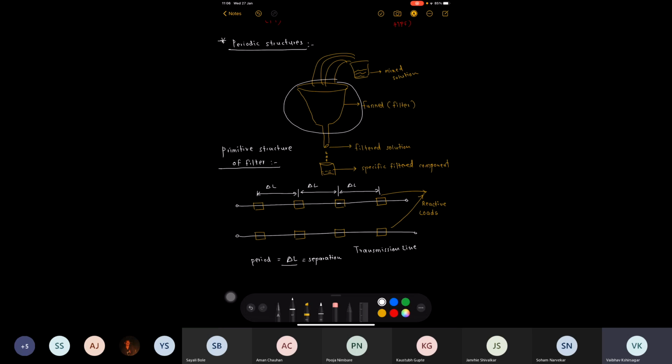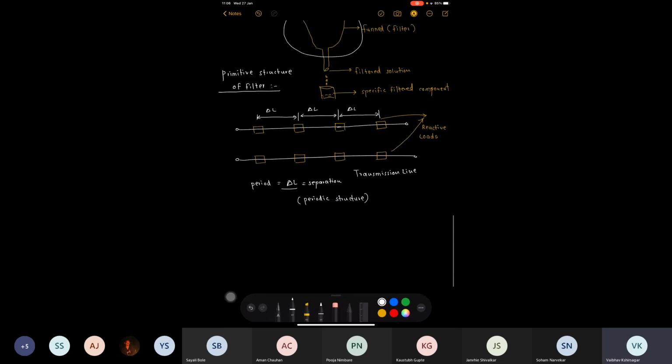Okay, remember that this particular structure we call a periodic structure. So in general we call this structure a periodic structure. Remember that when you analyze this periodic structure in terms of RF analysis, it will give you the behavior of pass band and stop band characteristics, right?